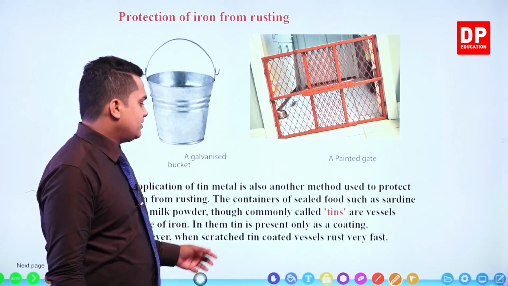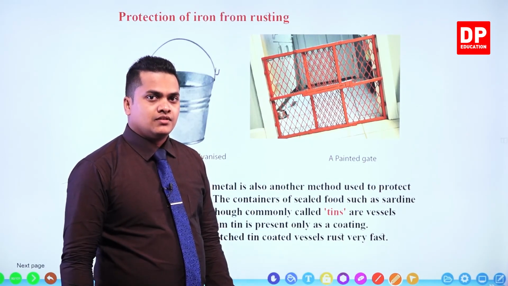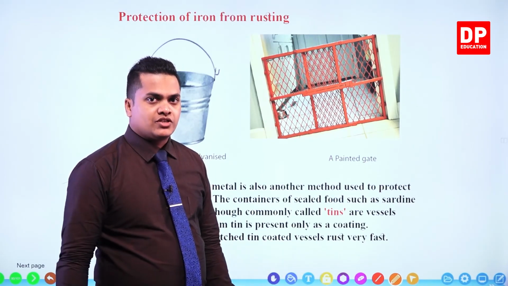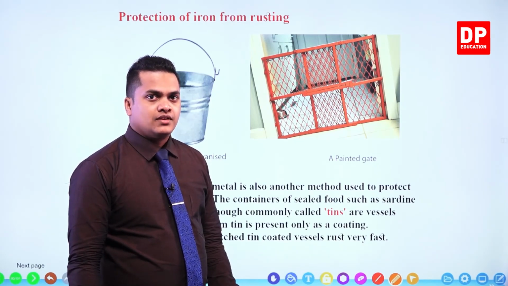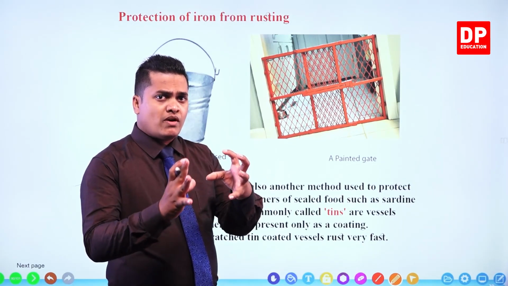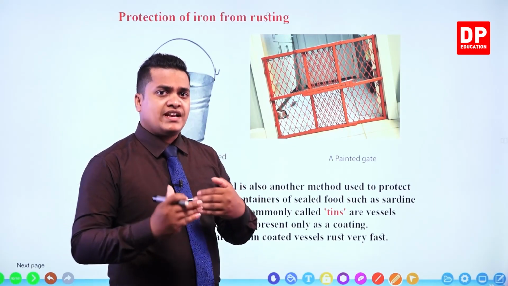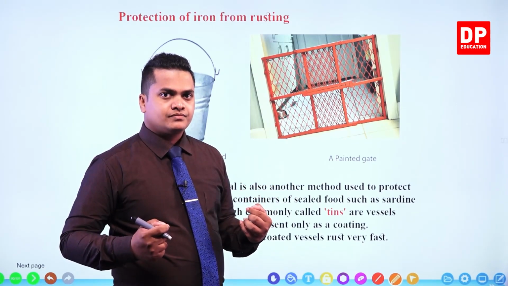However, when scratched, tin coated vessels rust very fast. So if it is scratched, definitely it will rust very fast, unlike in the galvanizing process. In galvanizing, zinc is more powerful and more reactive, so zinc attracts all the oxygen and water vapor.